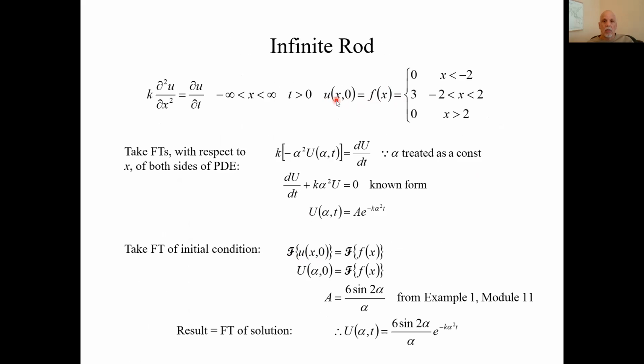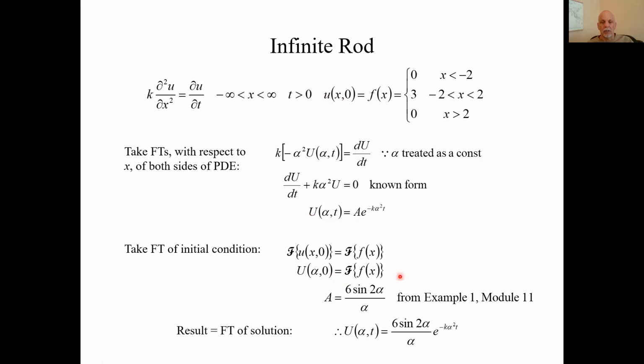Since that's x there and it's 0 where t goes, the Fourier transform with respect to x is this big U of alpha, t, so the Fourier transform of this is big U evaluated at t equals 0. So this, U of alpha 0, made this part just equal A. U of alpha 0 just equals A. That's on the left side here.